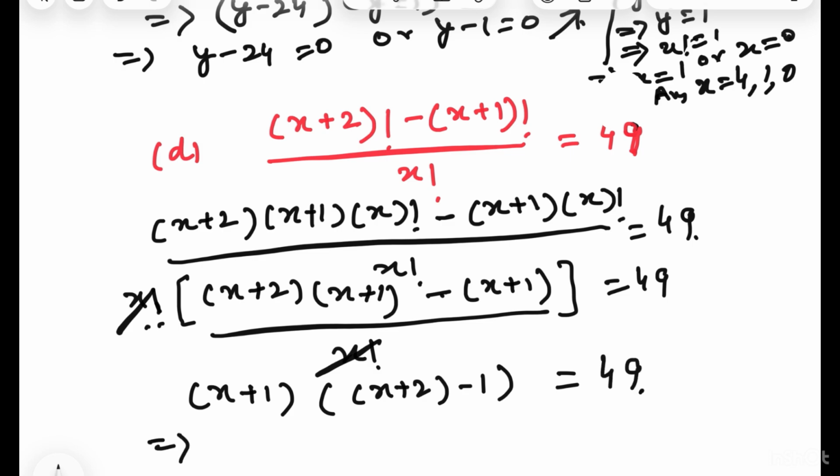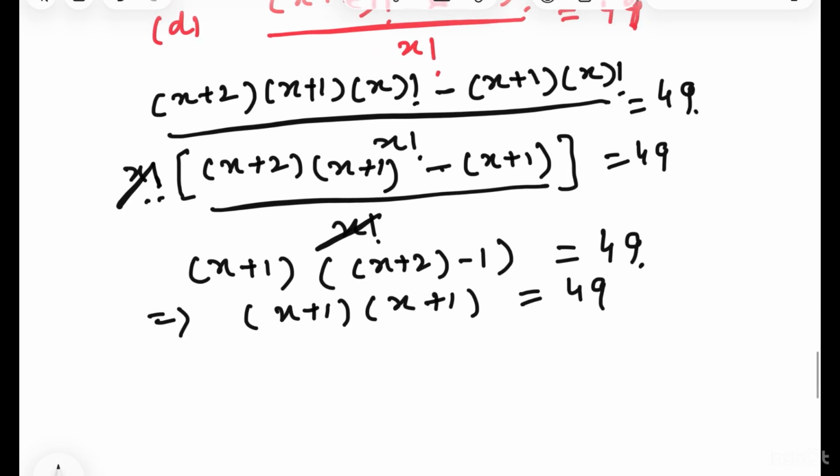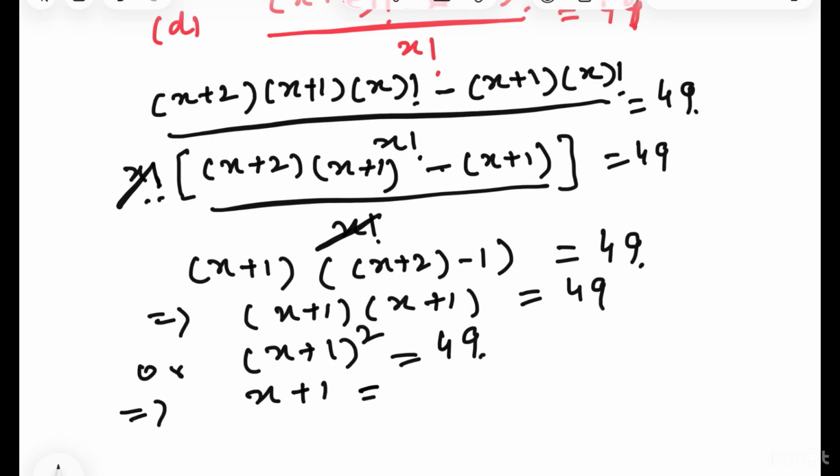This implies x plus 1 into x plus 1 is equal to 49, or x plus 1 square is equal to 49. This implies x plus 1 is equal to under root 49.